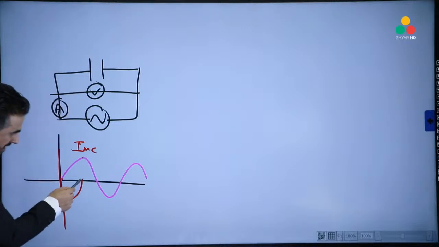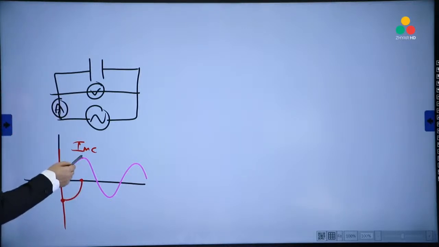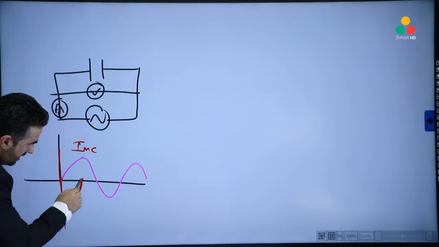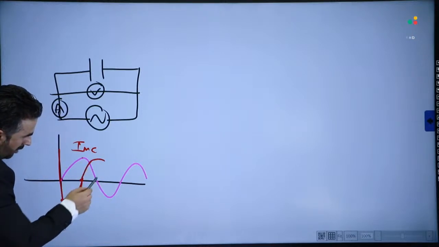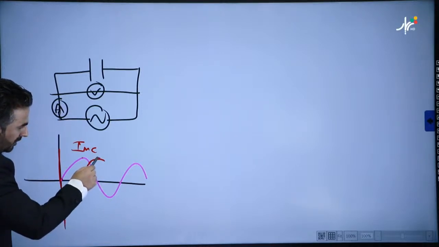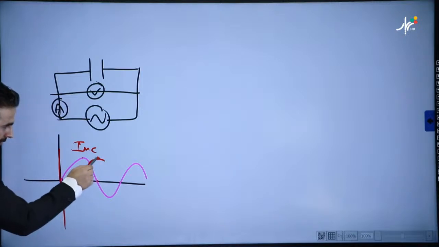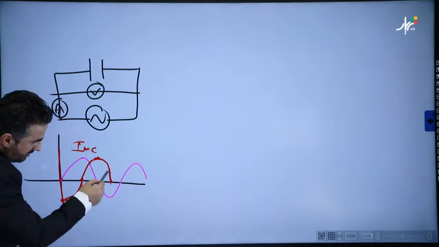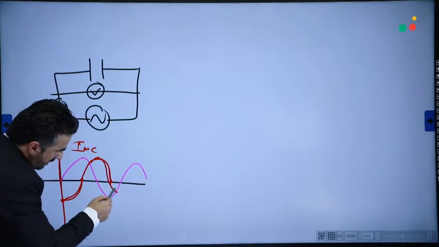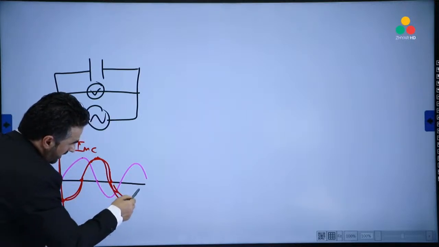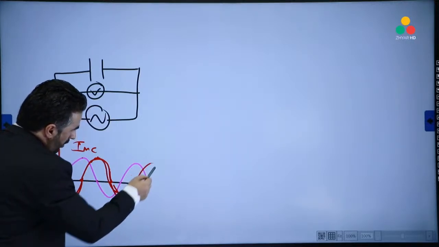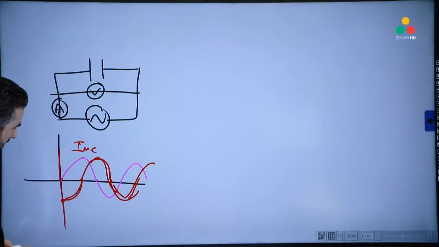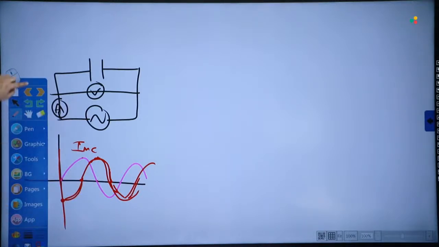Now you can see what happens here. When the voltage is 0, the current, or the ammeter, is reading maximum. If we move along, when the voltage is maximum, the current is 0, and then one more time it is maximum here and 0 here, and it goes on like this. Not a perfect graph, but you notice what happens.